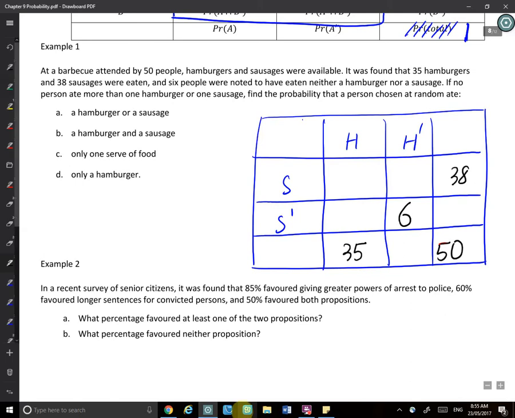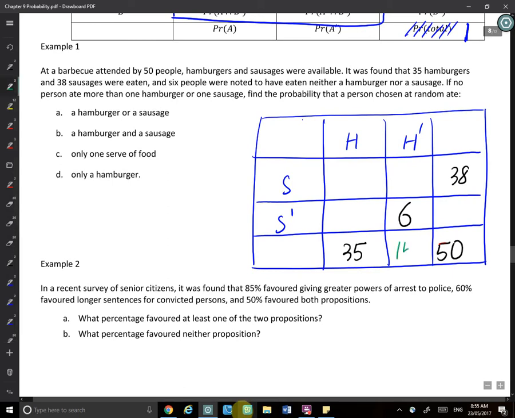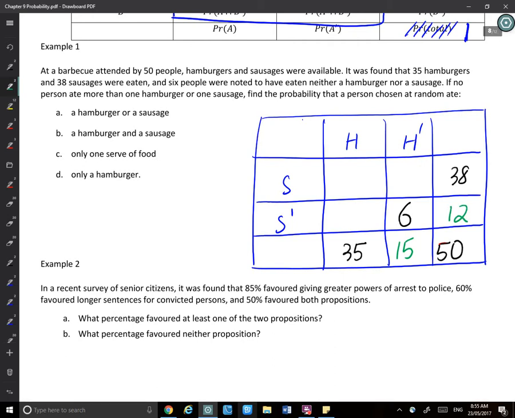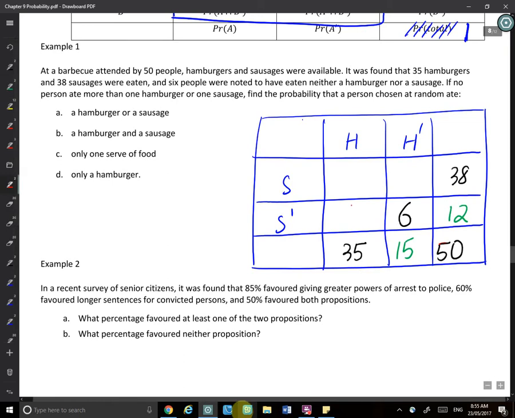Then I can complete the other parts of the table. That must be 15, and that must be 12, because you subtract them. When you have those two numbers, I can calculate the next stage. 12 minus 6 gives you 6, and 15 minus 6 gives you 9.